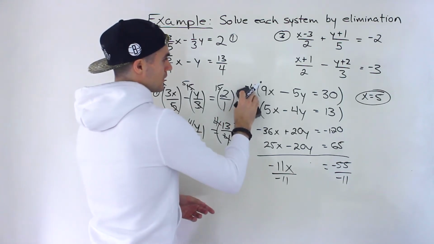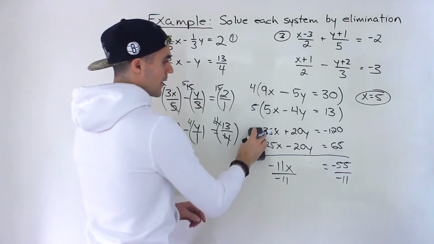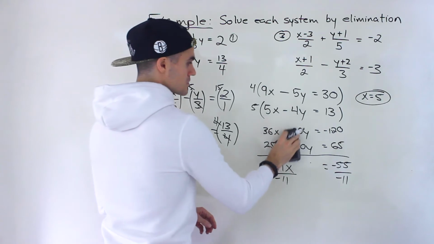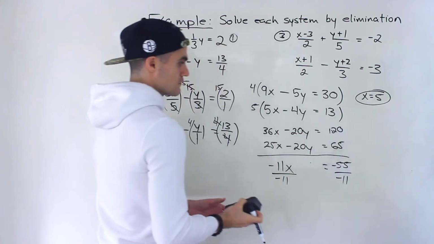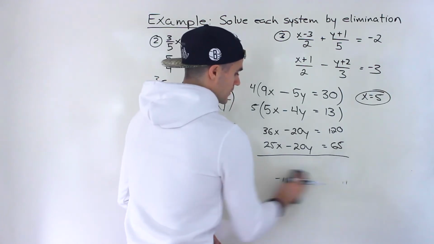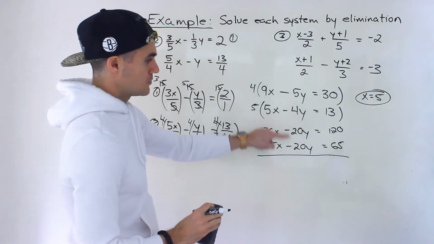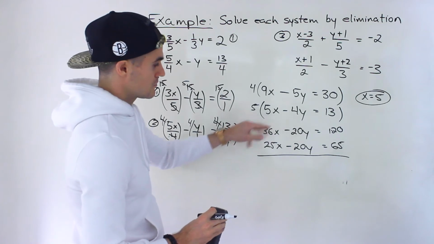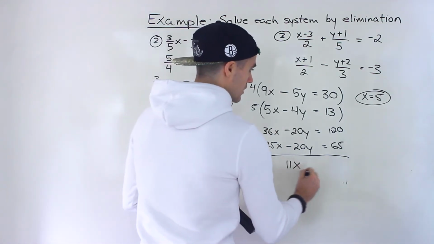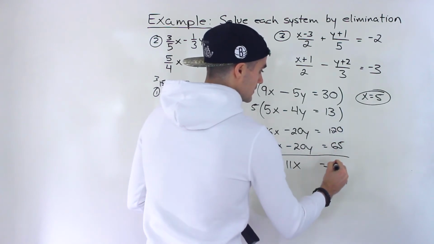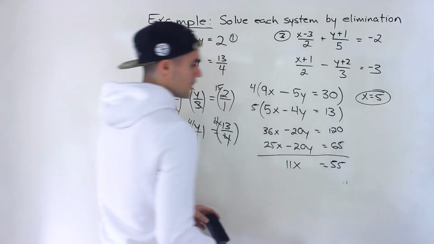Okay, I actually do feel like I owe you guys to see what would happen if we kept it positive. This would be negative. This would be positive, right? And then these now would be the same sign, so we could subtract this from that. So 36x minus 25x would actually be smoother. In this case, this minus that would be 55.